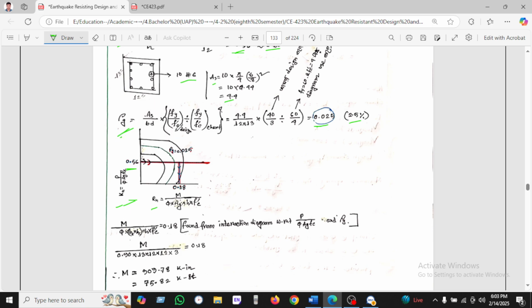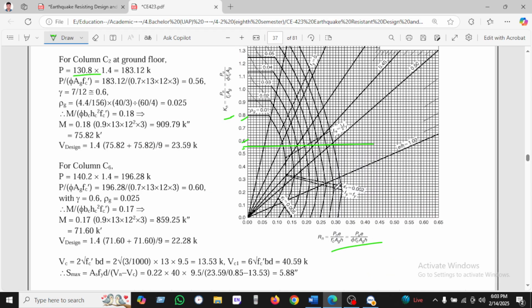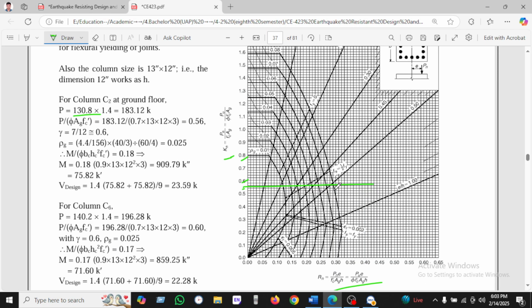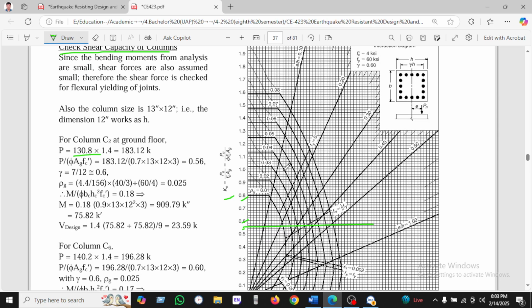Because the rho is getting 0.02, which is between 0.3 and 0.2. So this will be 0.5.